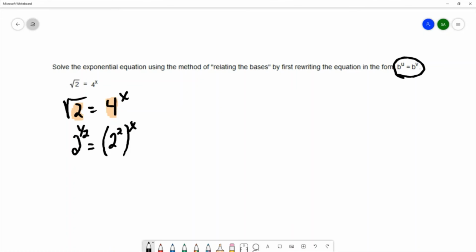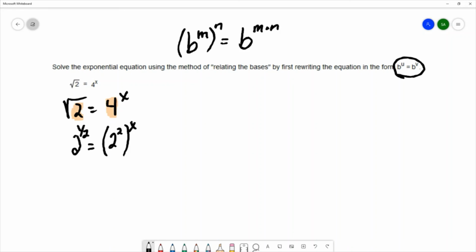And on the right-hand side, I'm going to use a property of exponents called the power rule. The power rule goes like this. If you have a base to a power, and then that whole thing raised to a power, the way we simplify is to multiply the powers together. So that would give m times n.